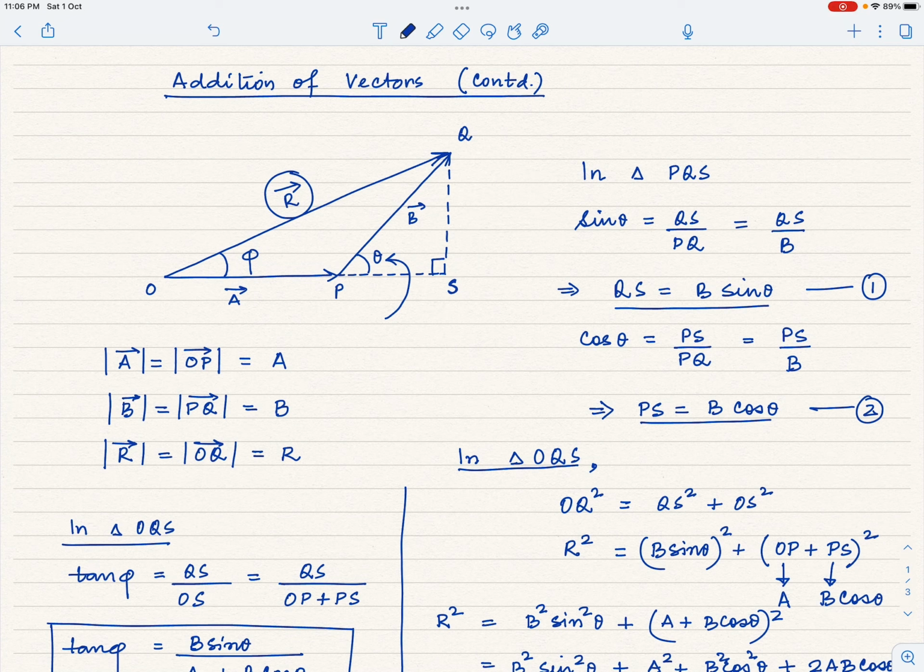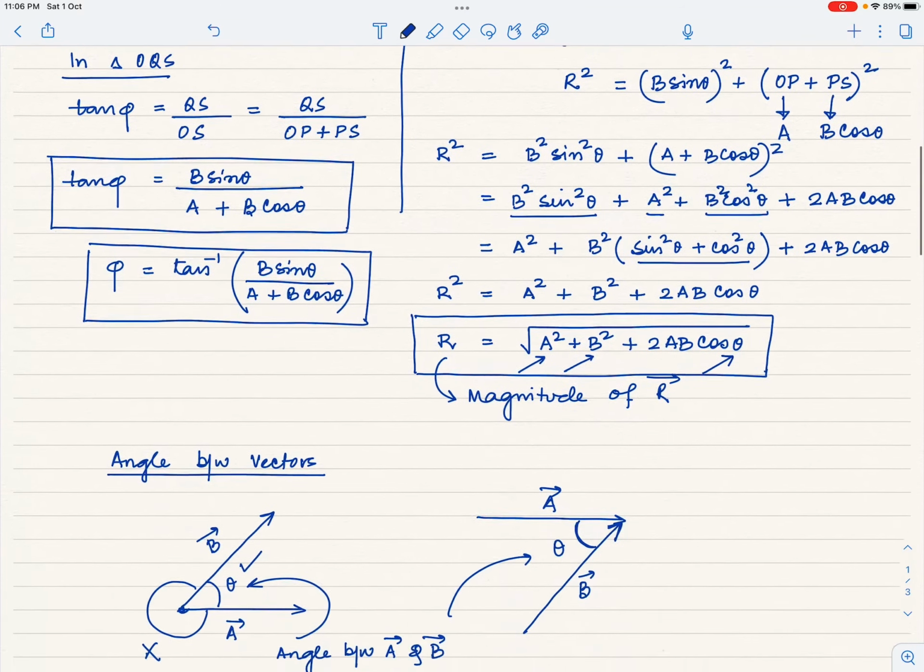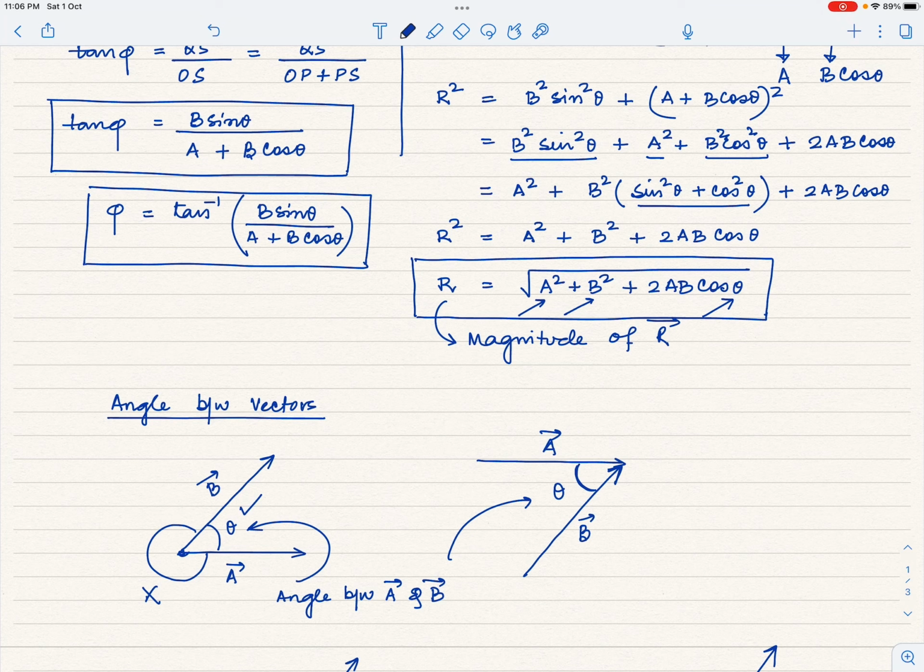So, please keep this in mind that the angle theta between the two vectors has to be measured in this particular way.